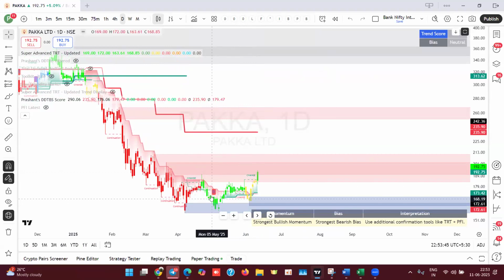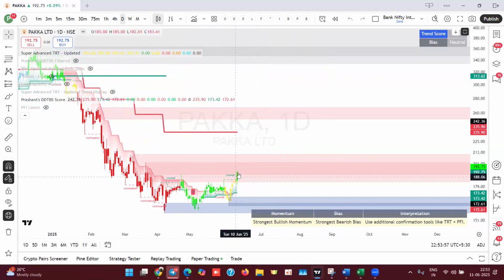So the first retracement was not a good opportunity to buy, but at the second retracement, as the green gradient is present, that could have been a buy opportunity, and prices have gone up. Now still it is green, prices can come down, give a retracement entry, and this can be a target. 235 can be the first target.